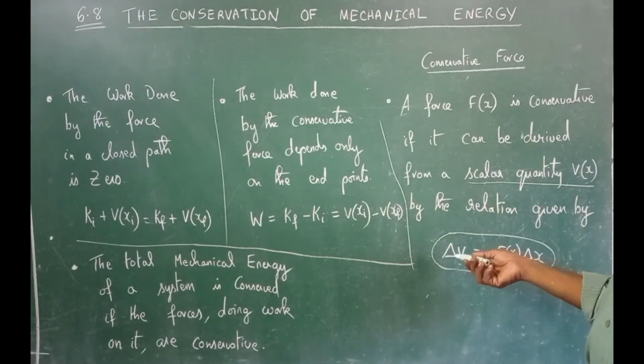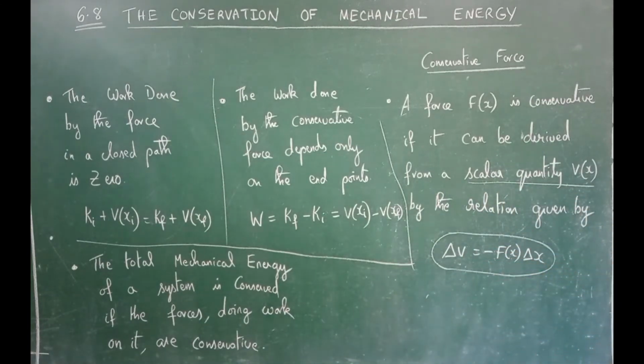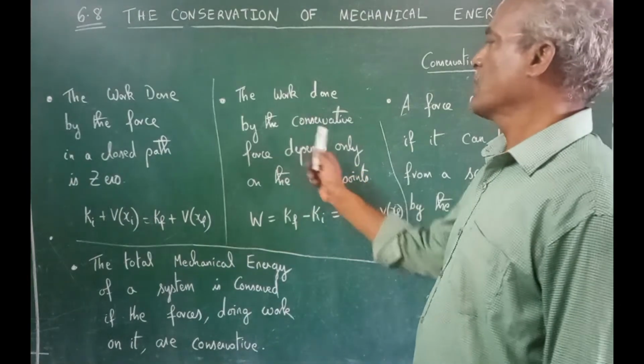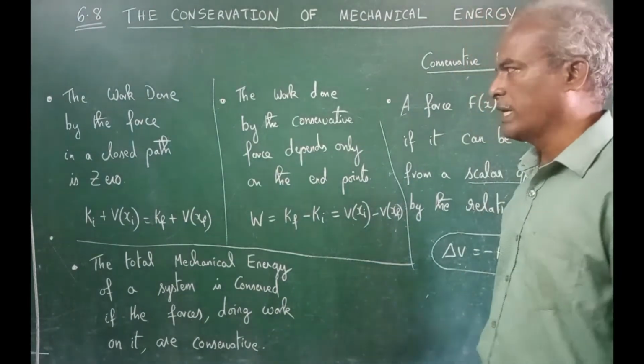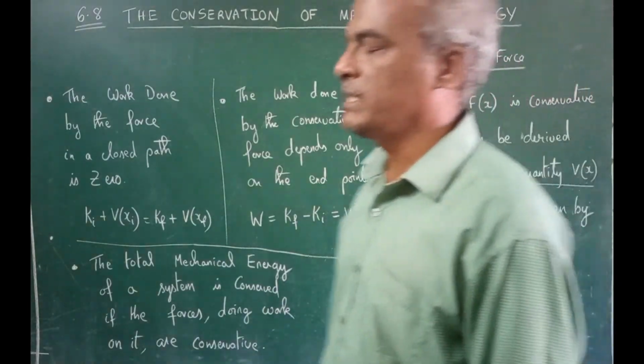So this del v has to be a scalar quantity. Already del x is a scalar quantity. If you are able to derive this force f of x using v of x, then we can say that force is conservative. Second point: the work done by the conservative force depends only on the endpoints. This we have already seen.